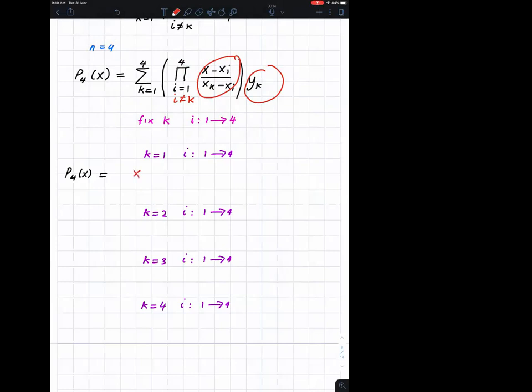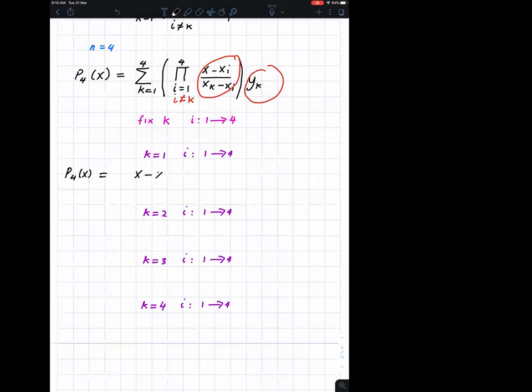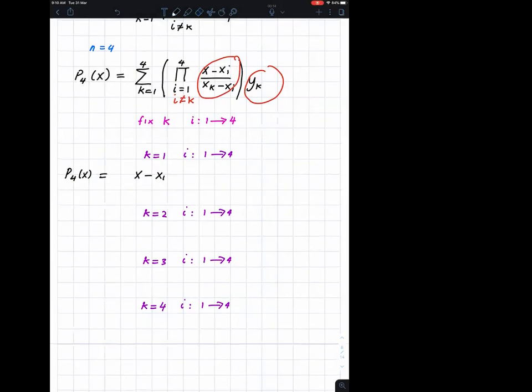And then i also is 1. So x minus, let me change color, x minus xi. xi becomes x1, divided by x_k, and k becomes 1.